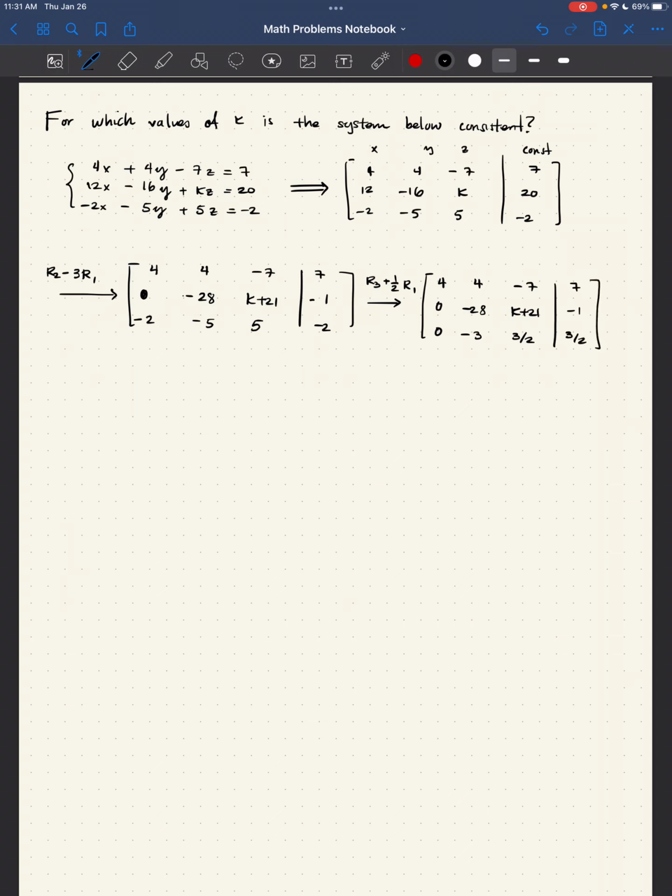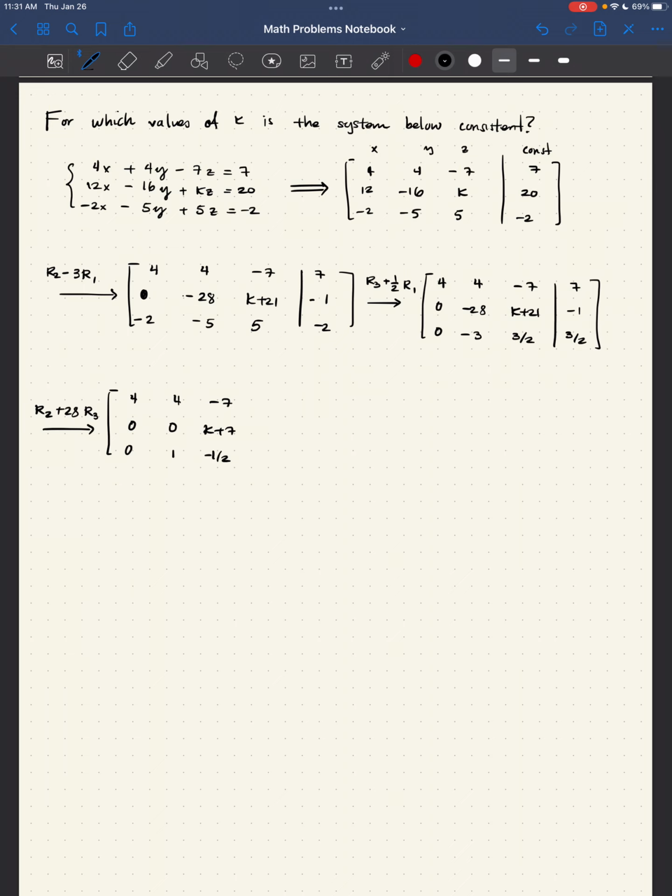You can verify those computations. Next, to row number 2, I add 28 of row number 3, and I will obtain the following. 4, 4, negative 7, 0, 0, k plus 7, 0, 1, negative 1/2.